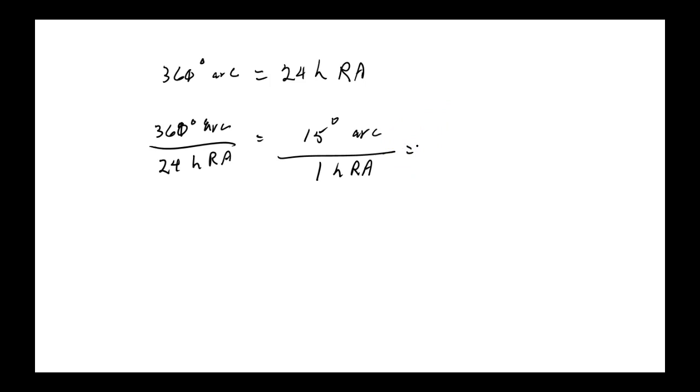Well, what we're looking for now is minutes of right ascension that would be equivalent to 1 degree of arc. That was what the question was, right? Well, how many minutes of right ascension is 1 hour?